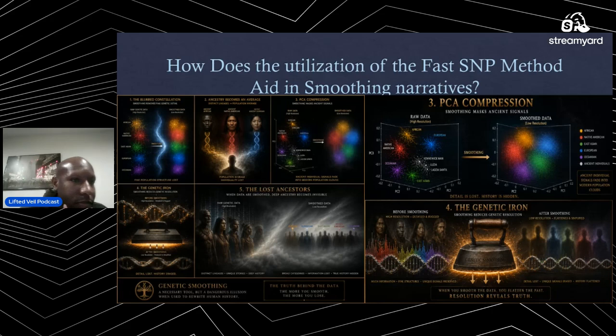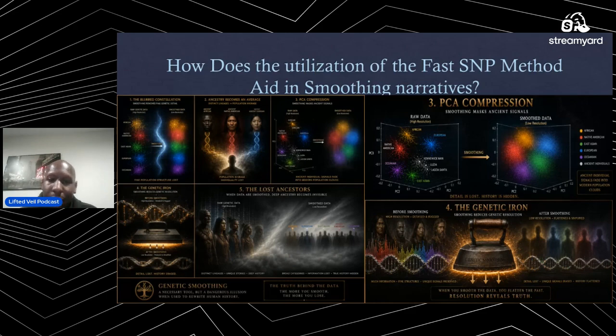So you can see here that what fast S&Ps do to genetic data is basically compress it, and it can convolute what populations are related to what, how far in distance they are from each other and so forth. I think the illustration pretty much speaks for itself. Thought that was nicely done by ChatGPT.